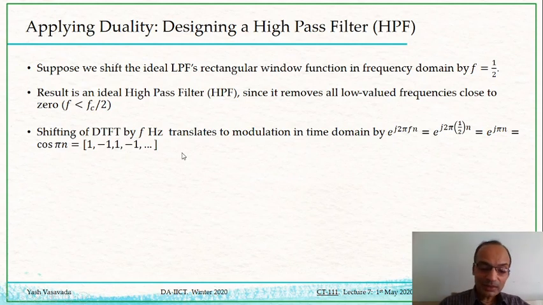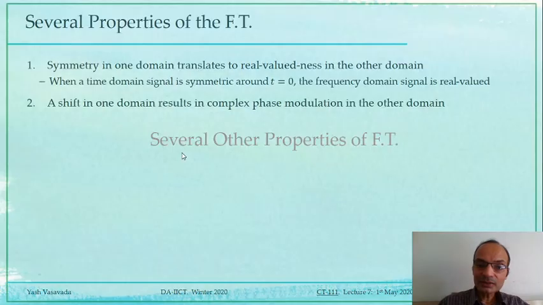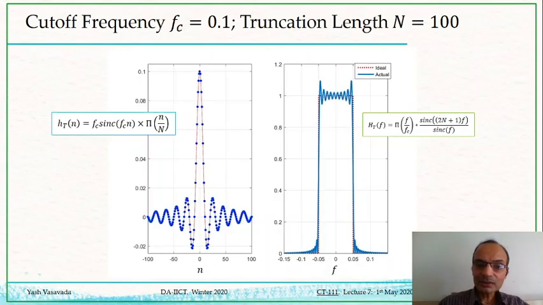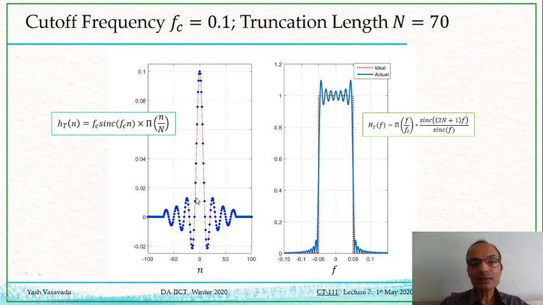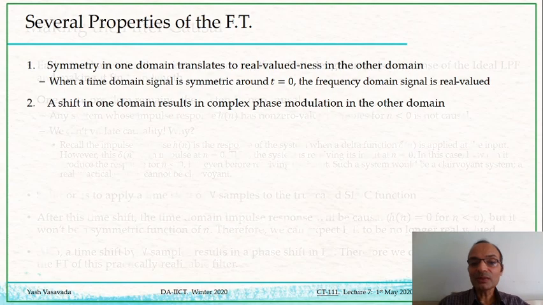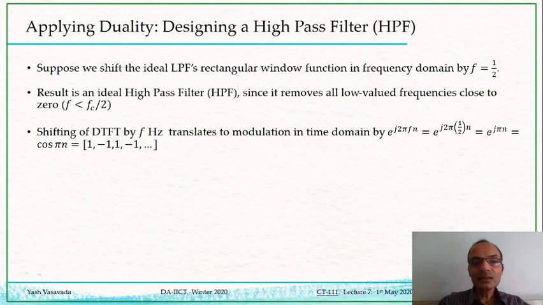So quite surprisingly, if I take this sinc function over here, and I just flip the sign of all odd valued n index samples, so whenever it is positive I make it negative, and whenever it is negative I make it positive, then in fact what I will end up getting is a high pass filter, quite surprisingly. So that is yet another application of this property.